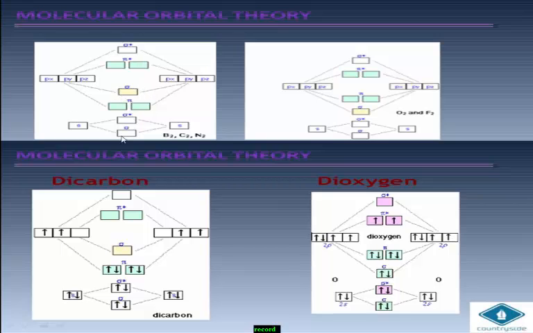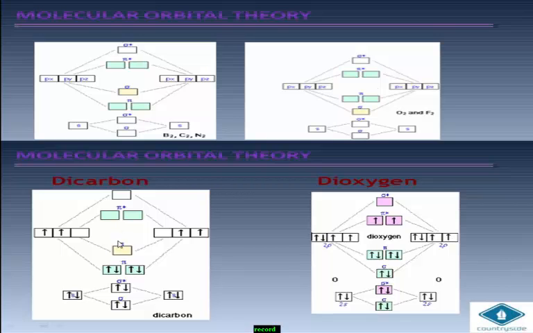Here sigma, sigma star, pi, sigma represent the BMO as well as ABMO, bonding molecular orbitals as well as anti-bonding molecular orbitals. This other diagram is another type of energy level, used for molecules having atomic number greater than 8.